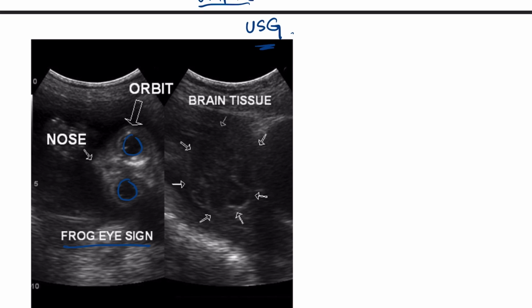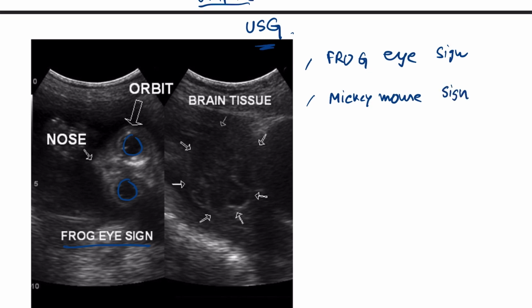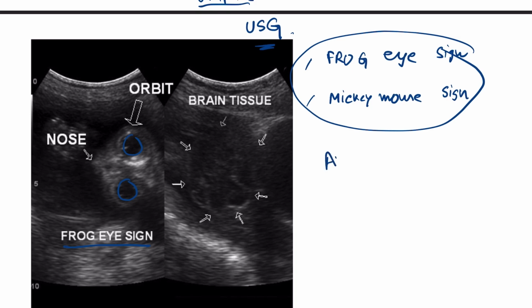And essentially the brain parenchymal structures are absent. This is also sometimes termed the Mickey Mouse sign. This is seen in anencephaly.